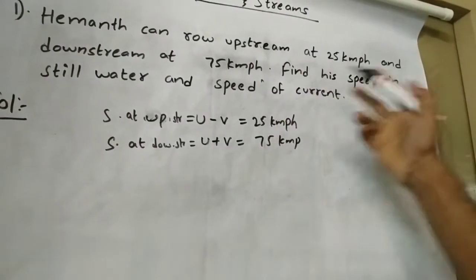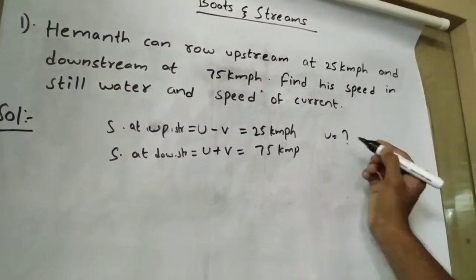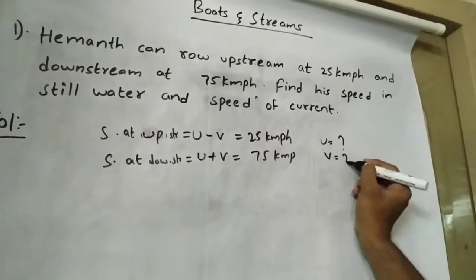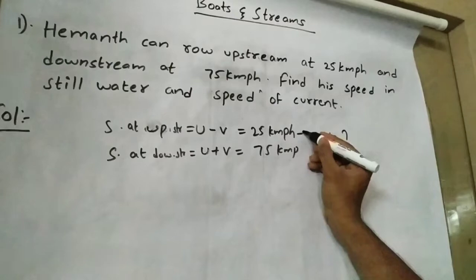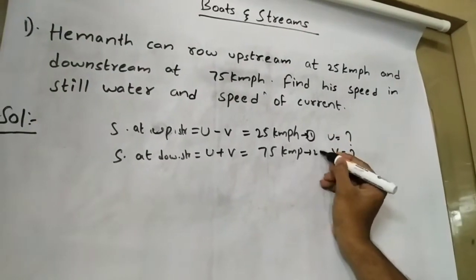They are asking us to find U and the speed of the current V. So take these as equation 1 and equation 2.